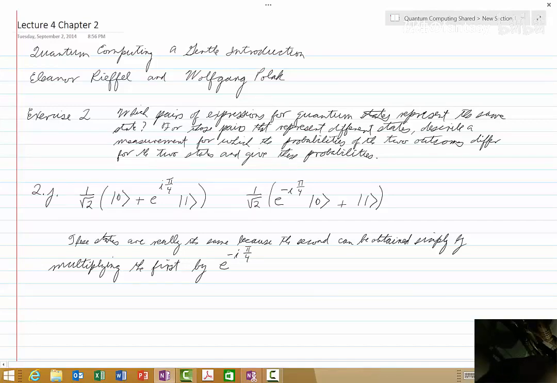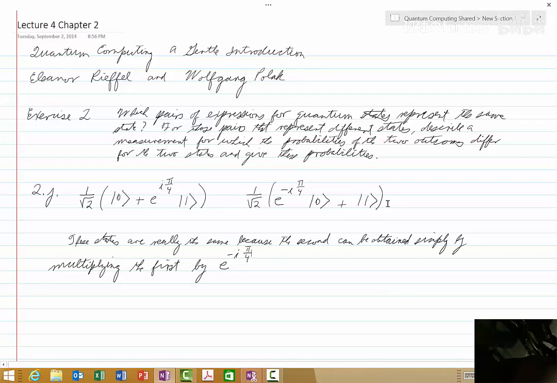Anytime you have two states and one of them can be obtained from the other simply by multiplying it by a scalar, then those aren't really two different states. And here you can clearly see that if we multiply this first state by e to the minus i pi over 4, of course that doesn't affect the 1 over square root of 2 in front, and then the 0 ket gets multiplied by e to the minus i pi over 4, and for the 1 ket, when we multiply e to the i pi over 4 by e to the minus i pi over 4, we just get e to the 0, which is 1.